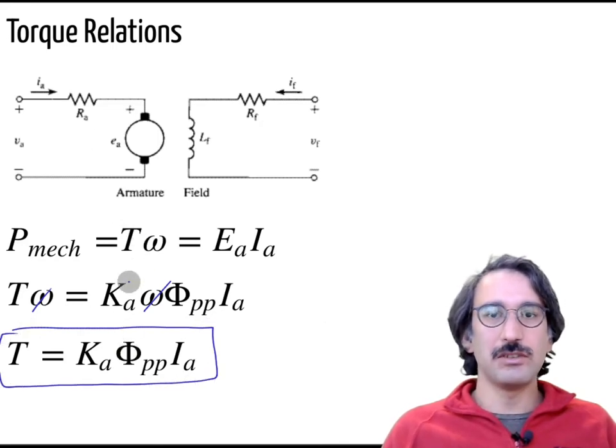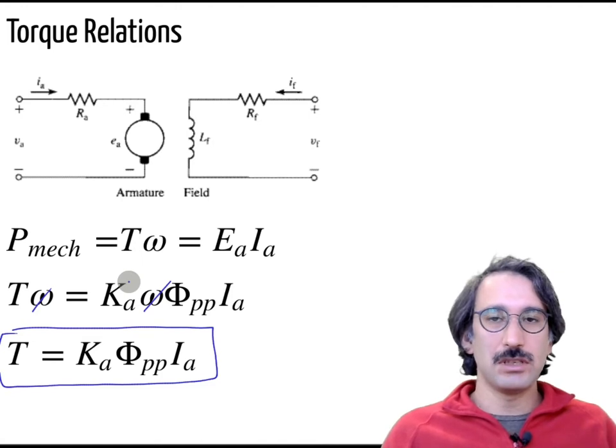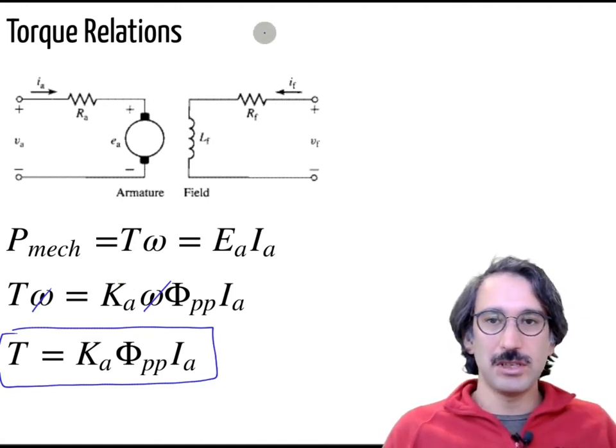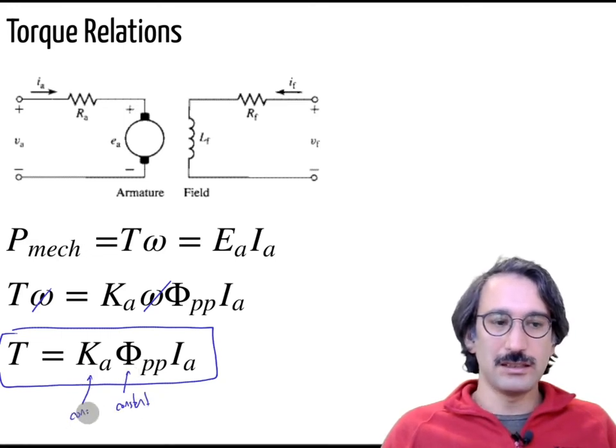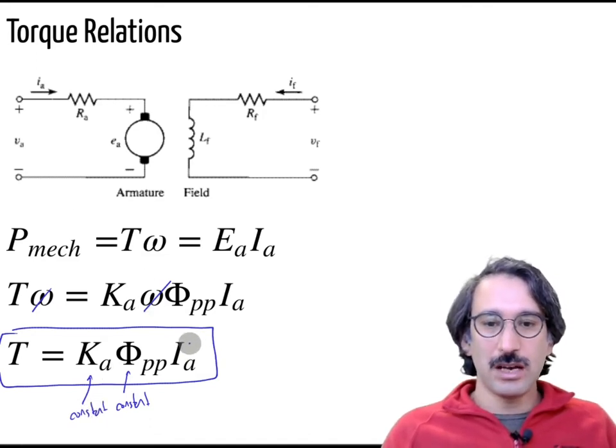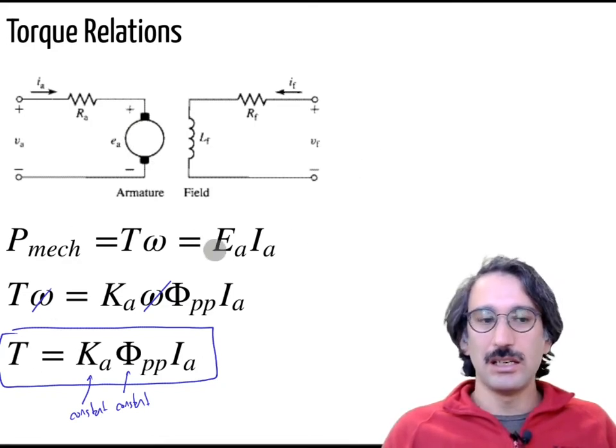Again, if it is a permanent magnet machine, or if it is a separately excited DC machine but under constant field current, then that one is constant, and that is also constant with respect to machine parameters. So then you have another important relation: the torque of an electrical machine or a DC machine is proportional to current.